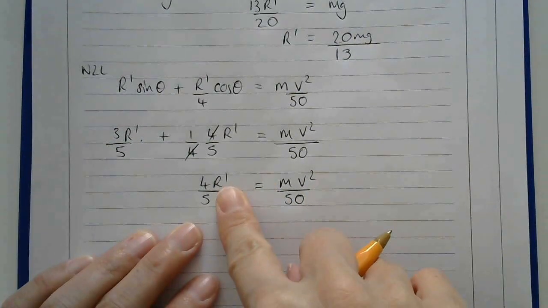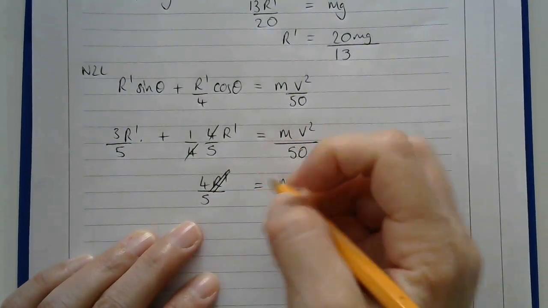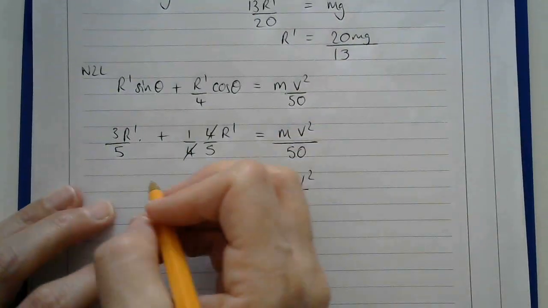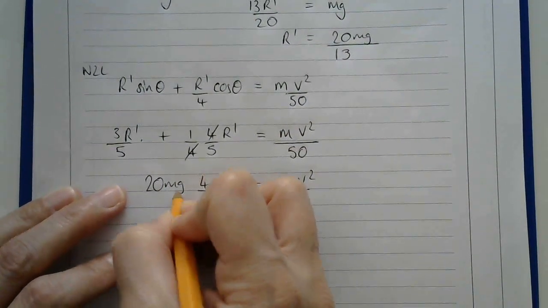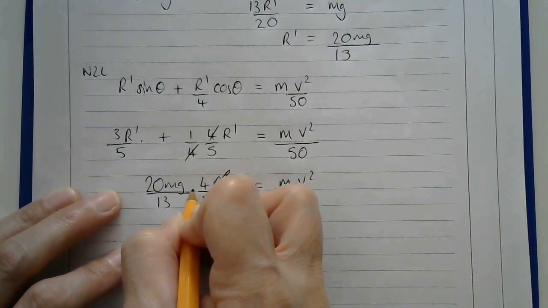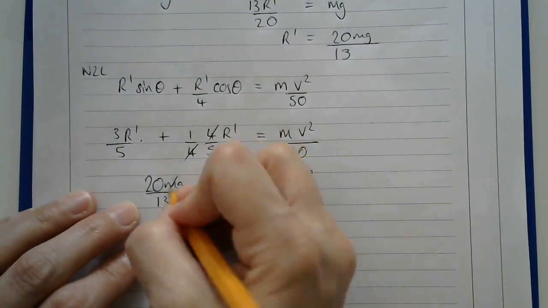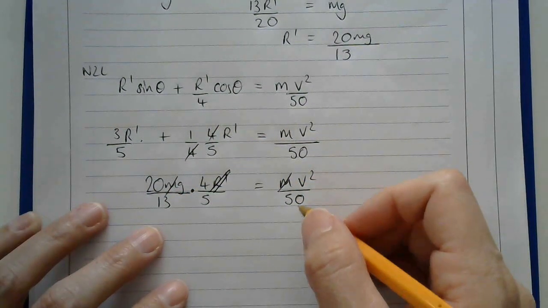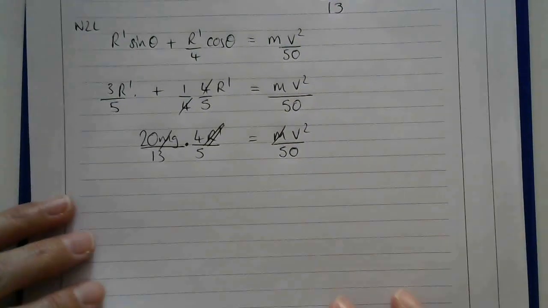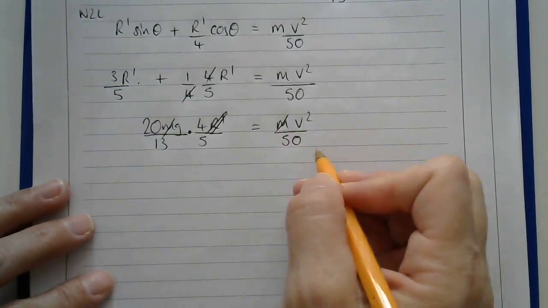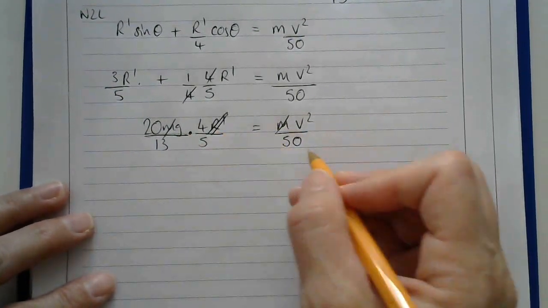And now I can substitute what R dash was. So R dash was this thing. I can cancel the m's again, and this time multiply both sides by 50 and then square root.